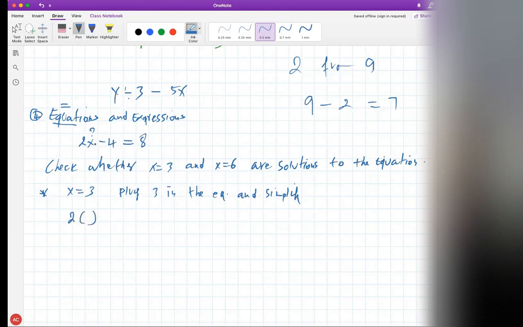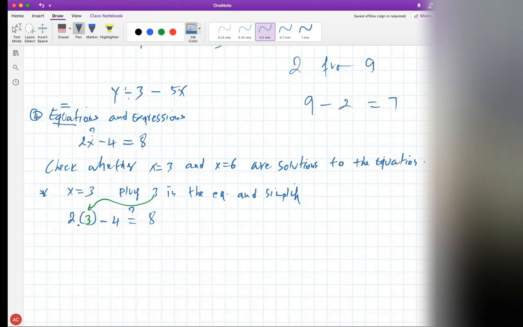So 2 times x, parentheses, x is 3, minus 4. When we check, we say, is it equal to 8? We don't know yet. So that's why we need this question mark over the equal sign. Then you use all those operations again to simplify.